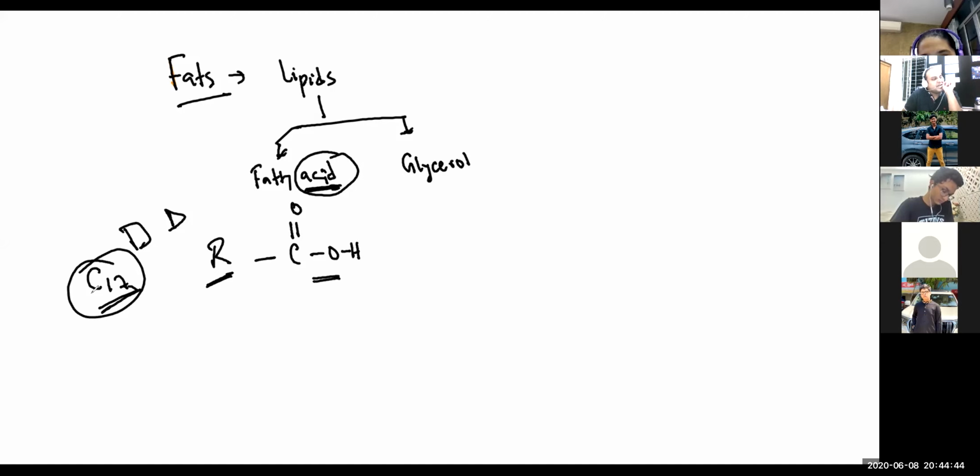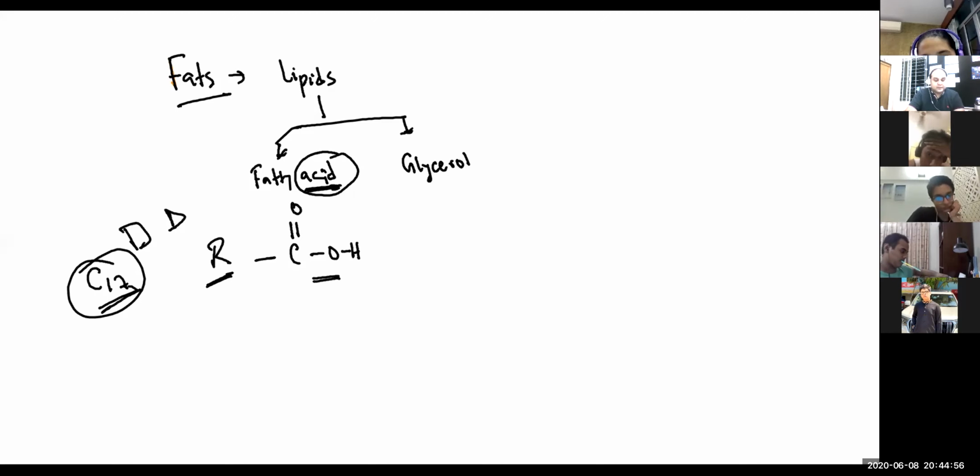Citric acid শুনছো। So citric acid has an acid group and it has a formula of C6H8O7.